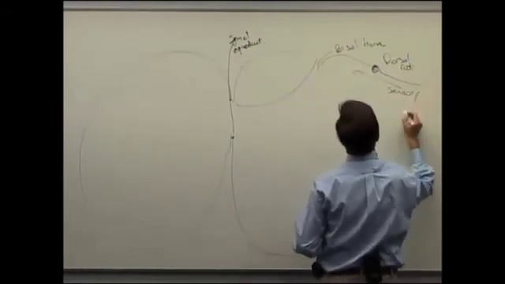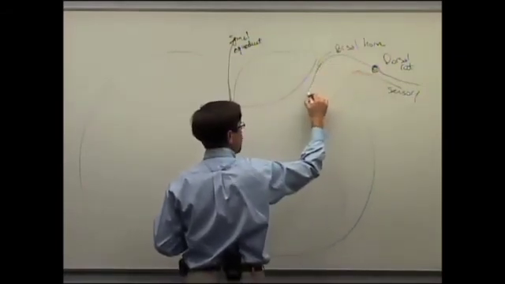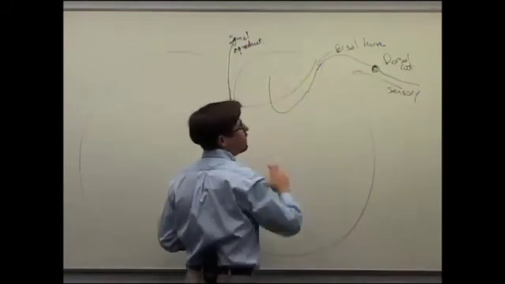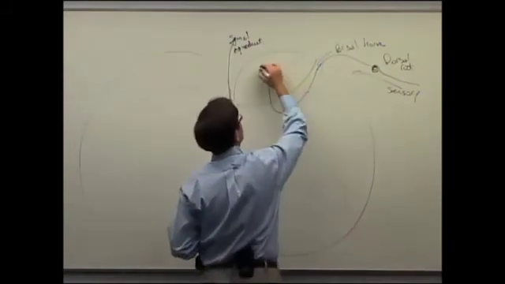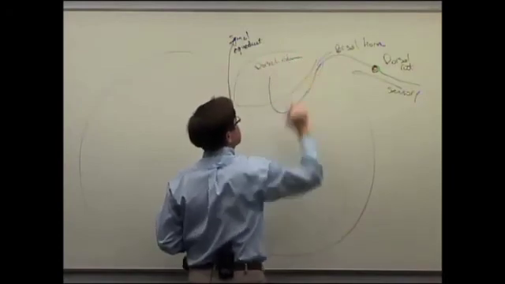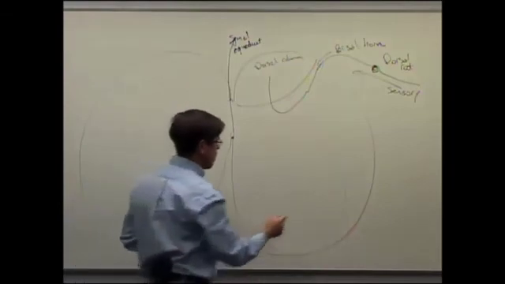That dorsal root comes in through the dorsal horn, and then goes up through what's called the dorsal column. And then, of course, this is going to be called the ventral horn.